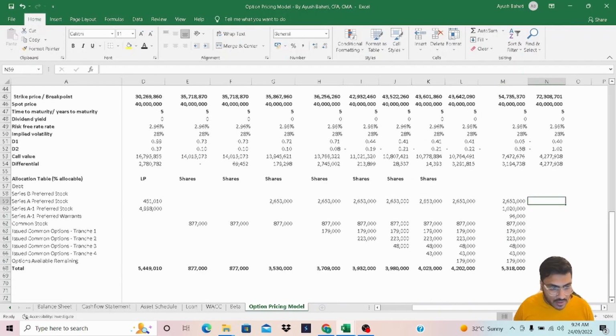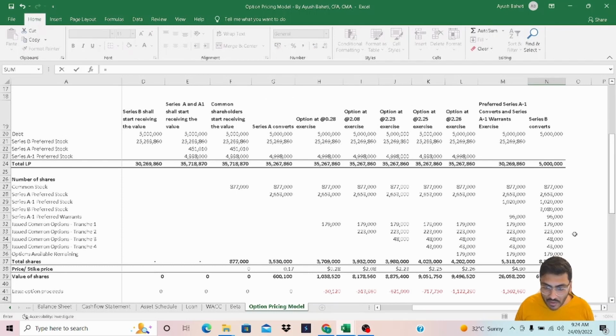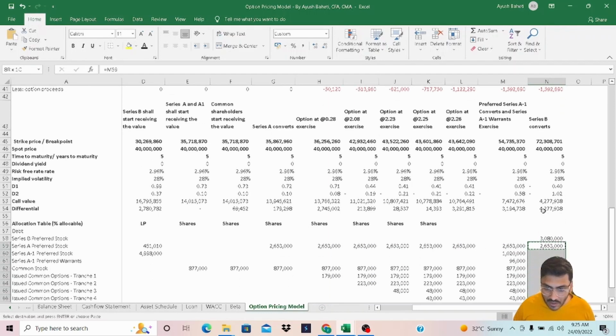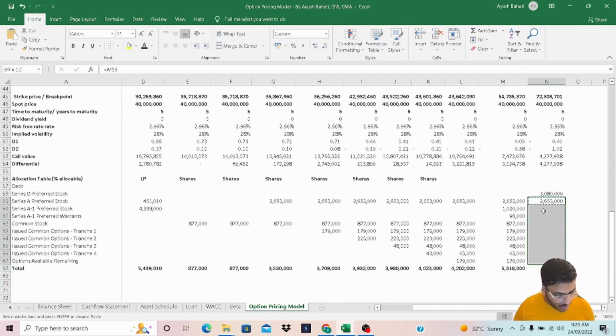And our last allocation is the Series B will convert. Number of shares for Series B is around 3 million, and along with Series B, all the preferred shareholders who have converted into equity shareholders and common shareholders will all receive the value simultaneously.